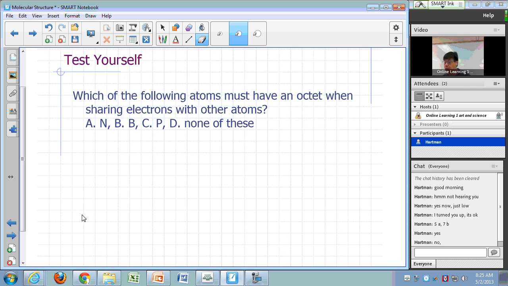So here's a quick review. Which of the following atoms must have an octet when sharing electrons with other atoms? You have to look at your periodic table for this one.